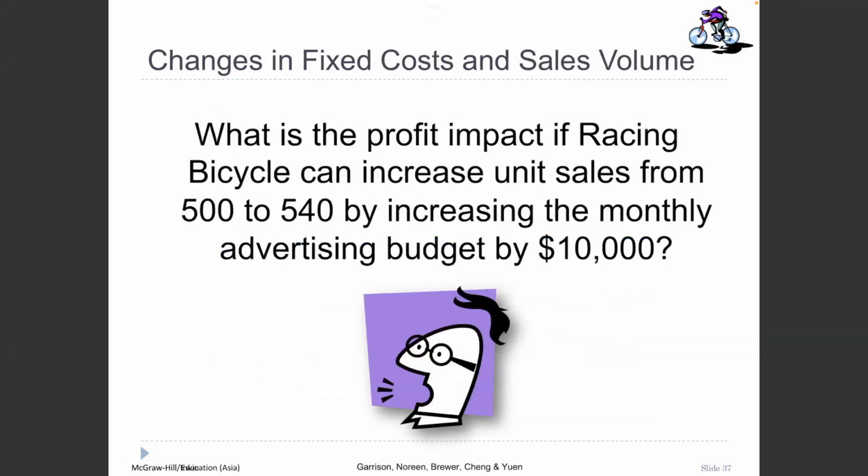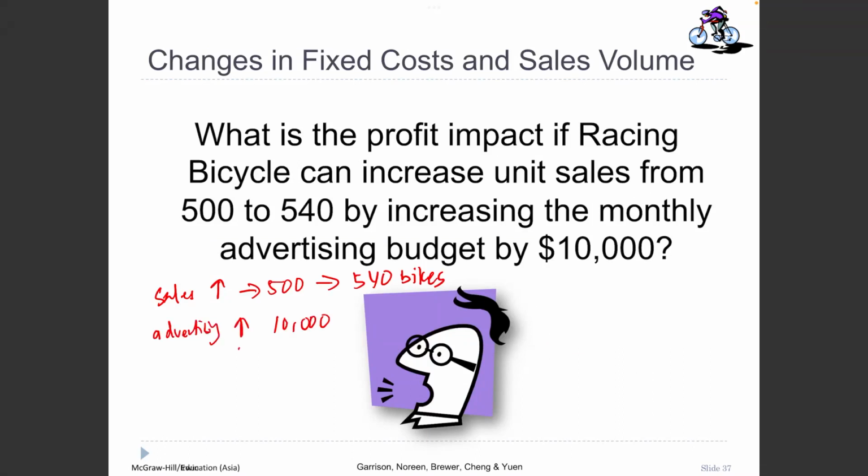Okay, so let's look into this example. What is the profit impact if Racing Bicycle can increase unit sales from 500 to 540 bikes? But by increasing sales, the monthly advertising budget will increase by $10,000.